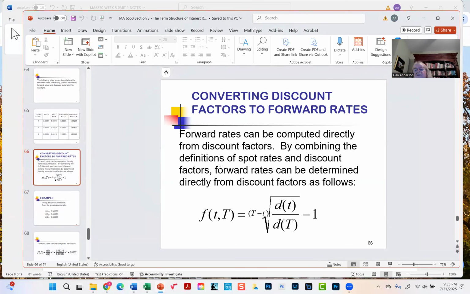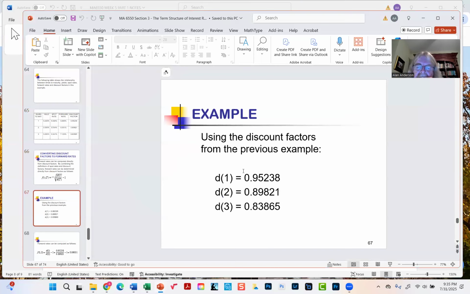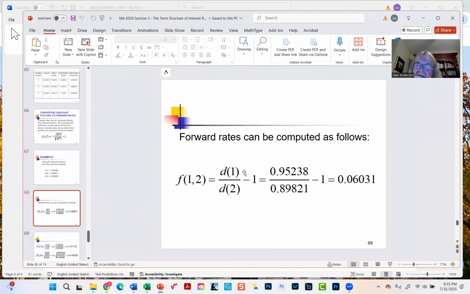Now, because of the relationship with spot rates, you could in principle calculate the forward rates directly from the discount factors, but you don't see that very often. I mean, it can be done. We're not going to focus on that here, but you should be aware that if you do go ahead and do this, you'll see it will work out to the exact same numbers.